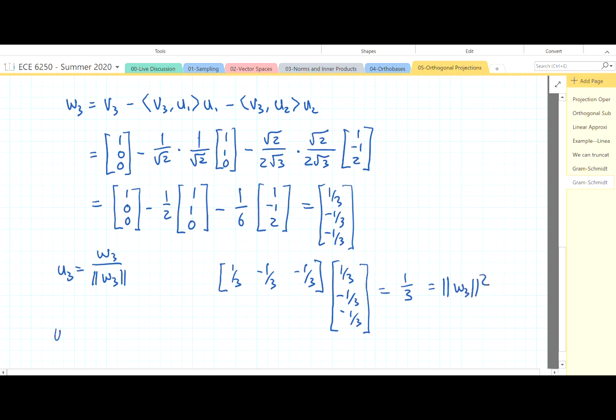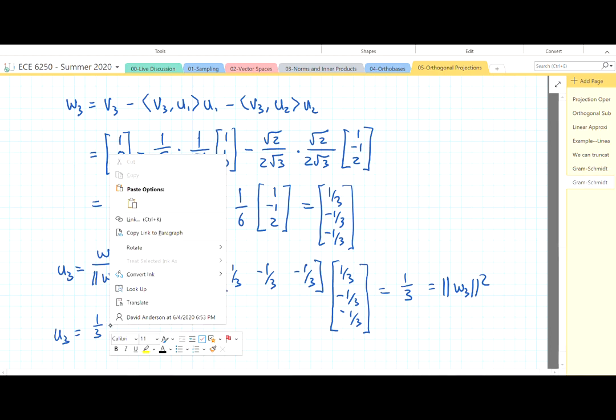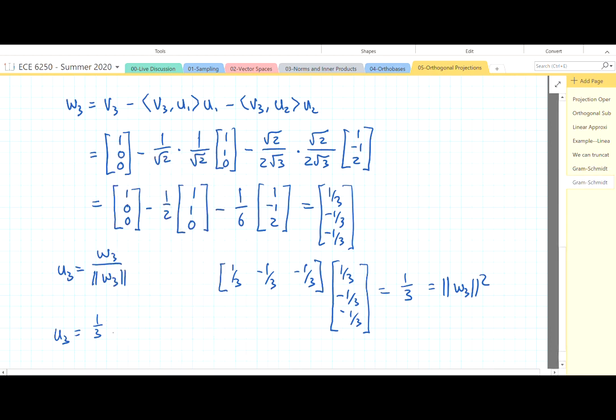So U3 is now equal to 1 over the square root of 3 times 1, minus 1, minus 1.